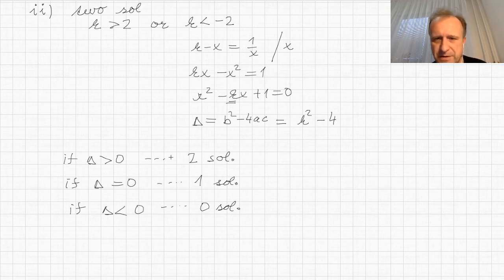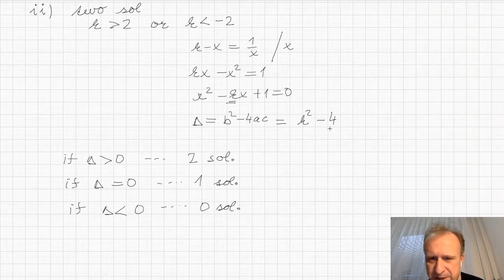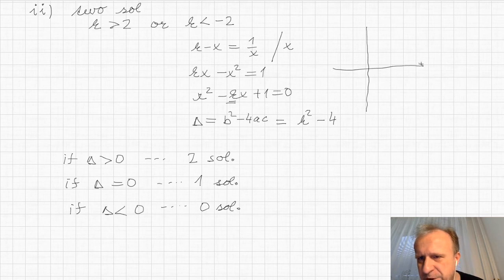So the only thing that remains is to imagine what happens when. Imagine I sketch a graph here, which has on the x-axis the value of k, and on the y-axis the value of delta, the discriminant. This function is the quadratic function, and it passes through the value minus 4 here. And it should go somewhat like this.